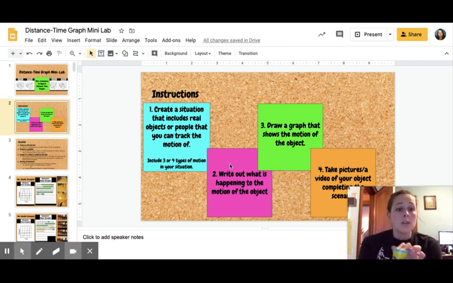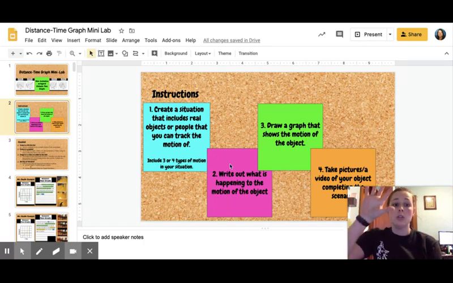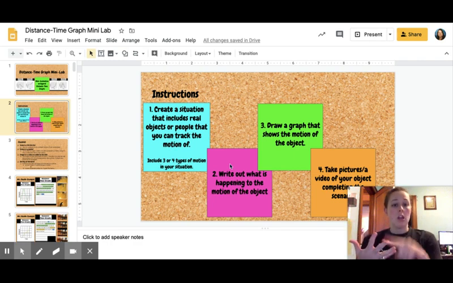So if you're using an inanimate object or a not living object, this might be the way to do it. Otherwise, you can actually do the situation, watch what happens, and then go back and write it out and graph it. So steps 2, 3, and 4 can be shuffled around however you think makes the most sense for you.